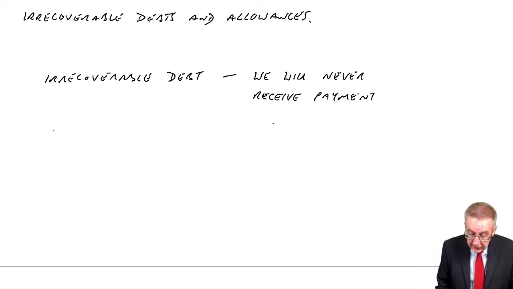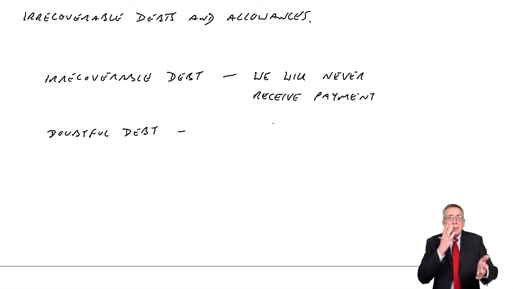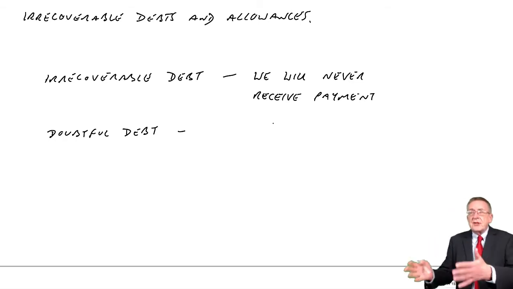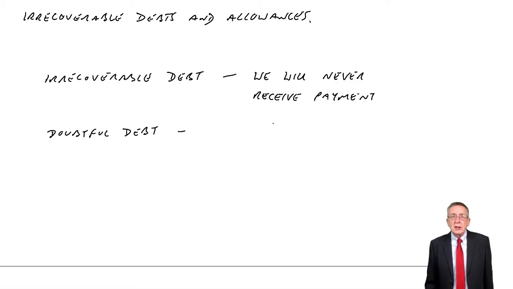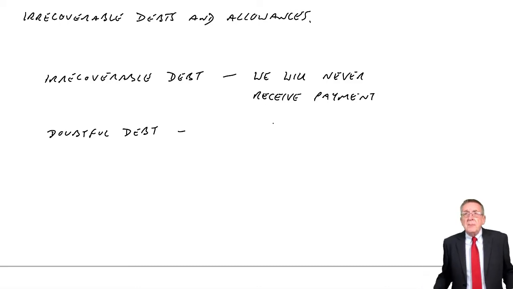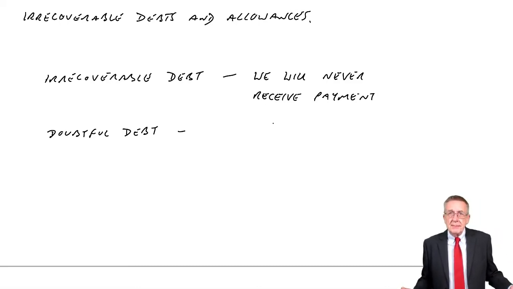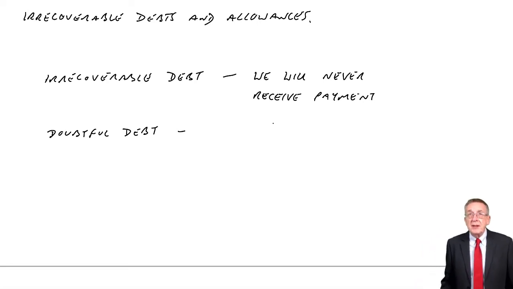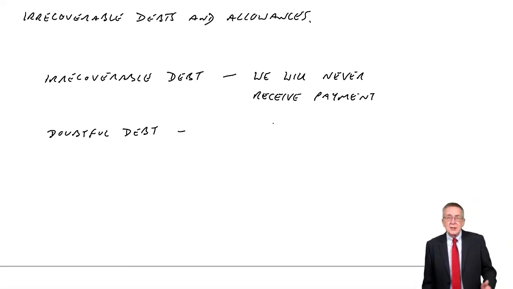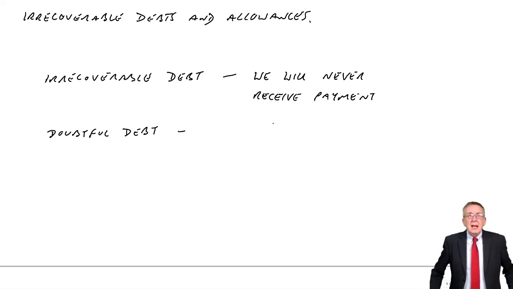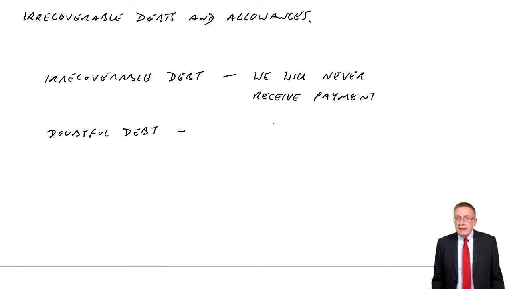The other main bit of terminology is what we call a doubtful debt. And a doubtful debt, suppose I've sold goods to you and you owe me $100. But you've been owing it me for 3 months. You know, normally people perhaps pay within a month. I've kept writing to you, but you keep changing address and so on. And so I'm having problems getting the money from you. But I'm determined to keep trying.